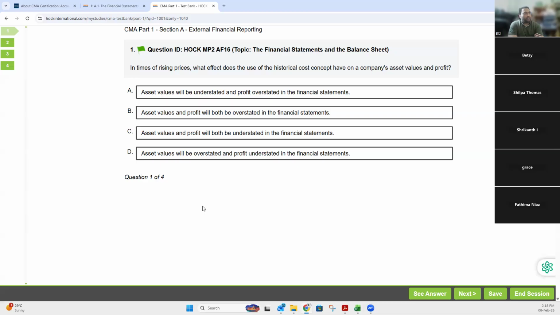Profit will be overstated, right? How? Because sales value will be higher, right? Sales will be overstated. That could be correct. Any other suggestions? No opinion, right? Okay, fine.